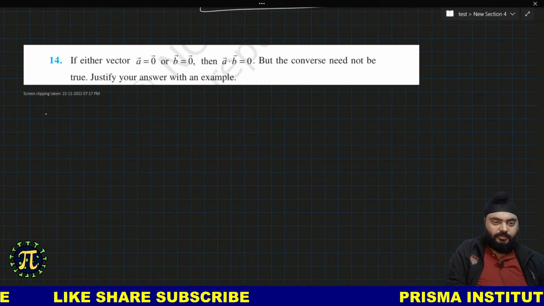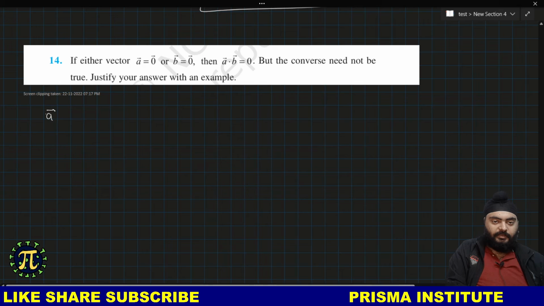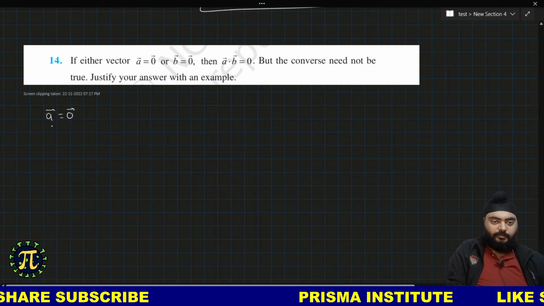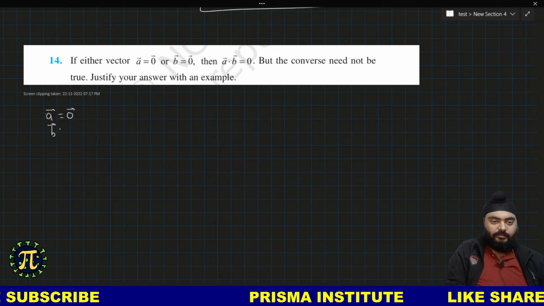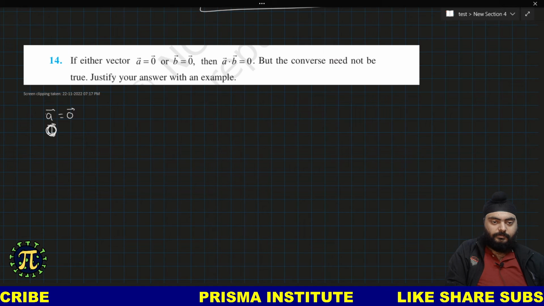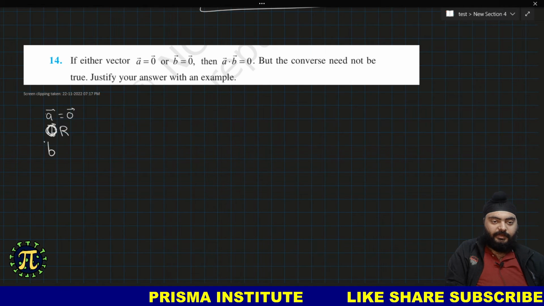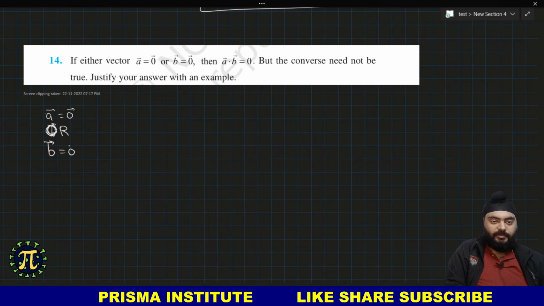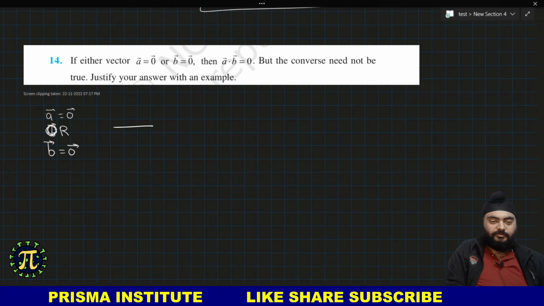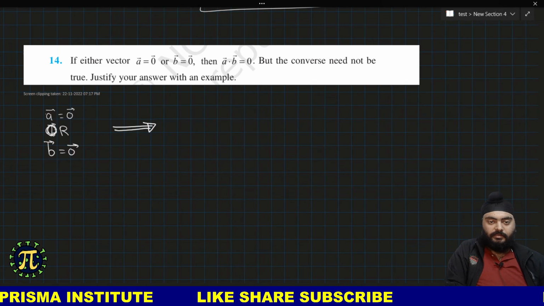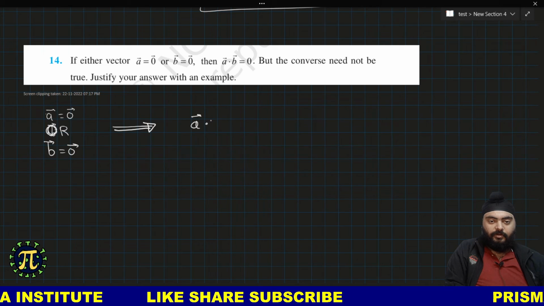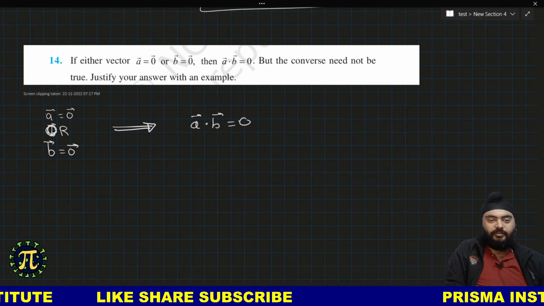So okay, a vector is a null vector, or b vector is equal to null vector. So then it implies a dot b is 0, because one of them is null, right?